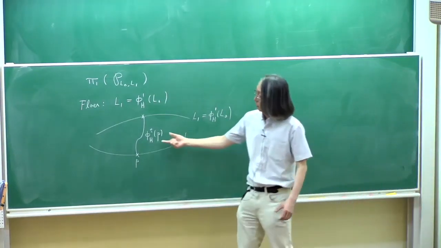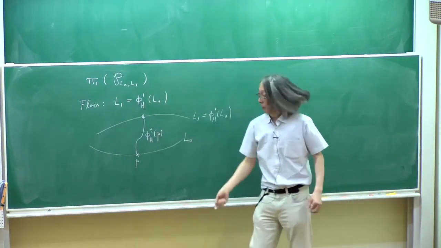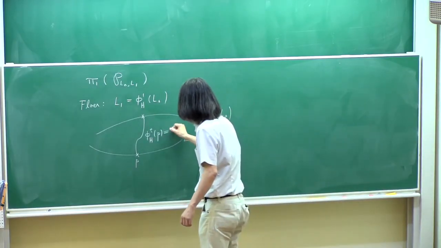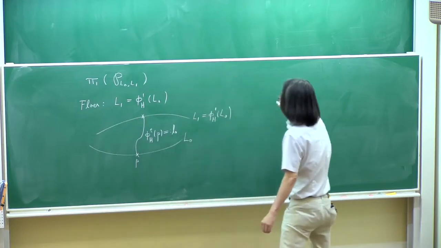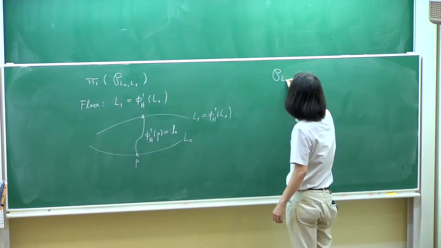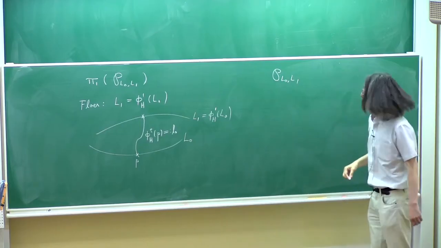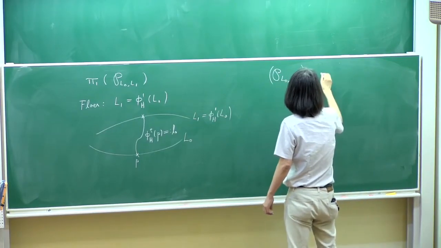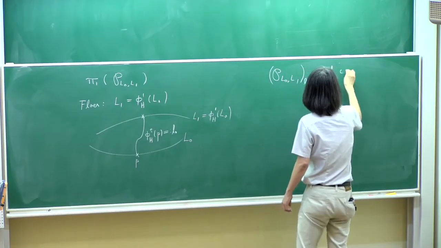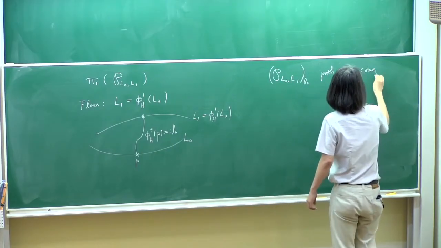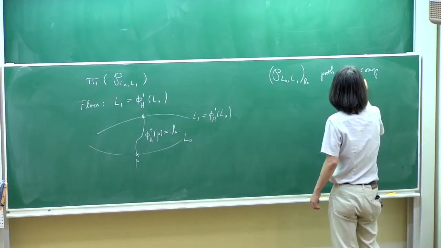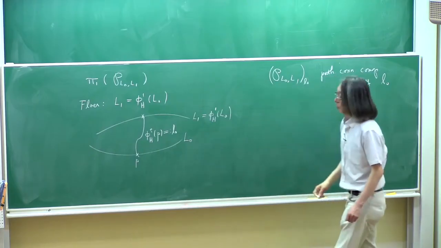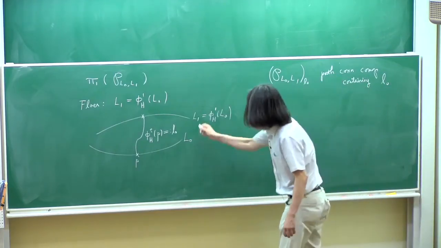And then consider the component of this path space, the path-connected component containing this L0. This is a path-connected component containing L0.